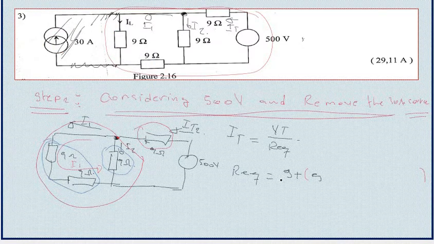Since they are in parallel, I need to use that symbol. So that 9 is in parallel with these two here. These two are connected in series, so the equivalent resistance will be the sum of these two. So I'm going to have 9 plus 9, and then we close.